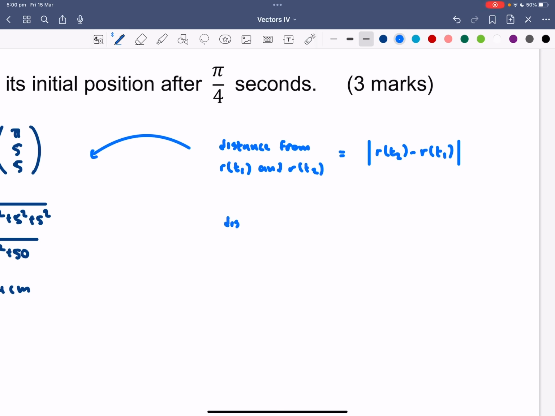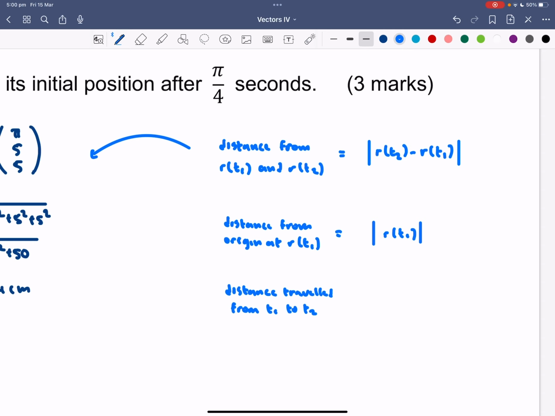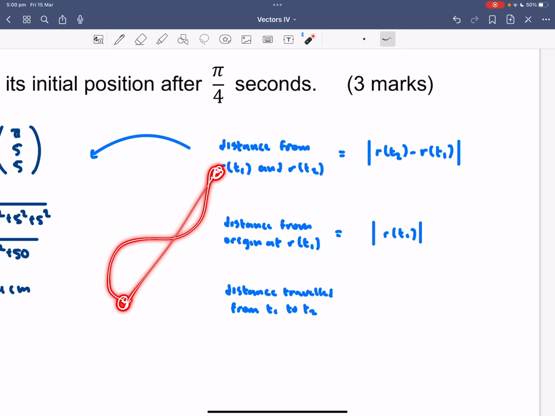If you want to work out the distance from the origin at a specific point in time, all you do is work out the magnitude of its position vector at that point in time. And lastly, if you want to find the distance traveled from T1 to T2, you actually want the curved distance traveled rather than just the straight distance between them.